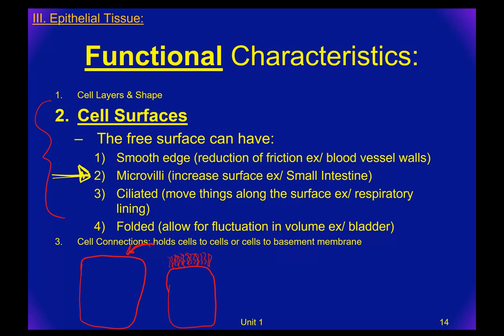So having cilia on some of our cells will not make them move. What it does do is allow these cells to use the cilia to move things across its surface.